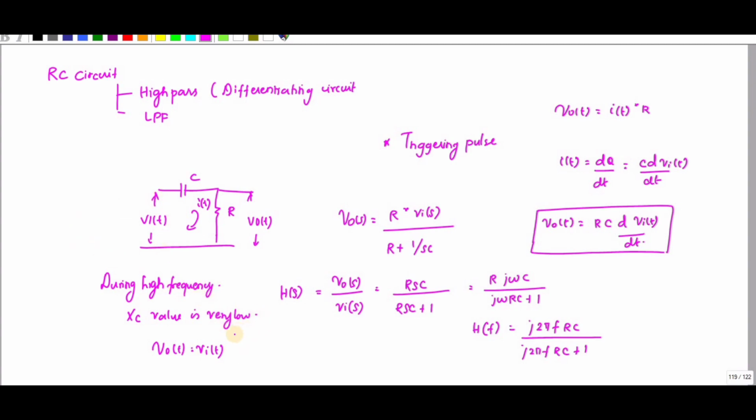XC is very low, therefore it is a short circuit. At low frequency, this XC value is very high, therefore it is open circuited. So the low frequency signal will not appear in the output. That is why it is called a high pass filter.